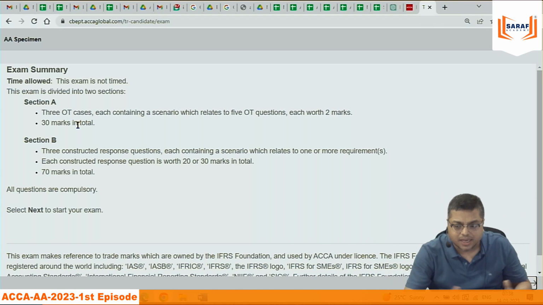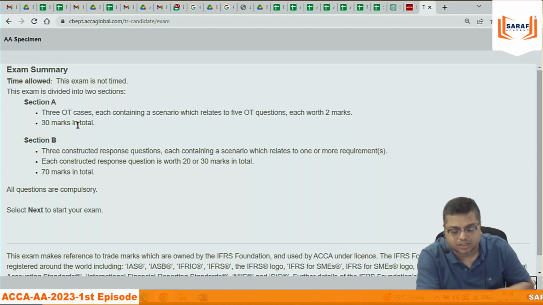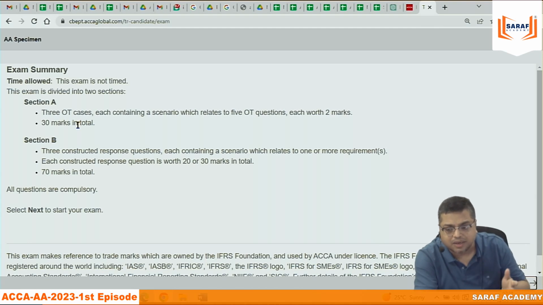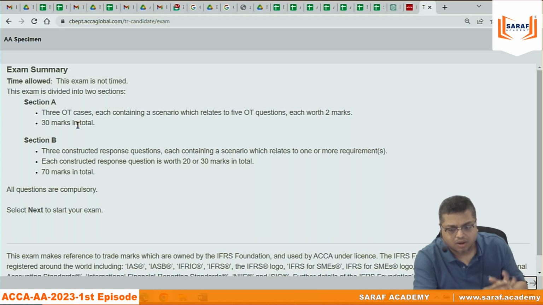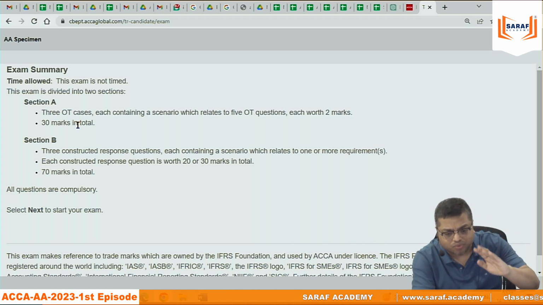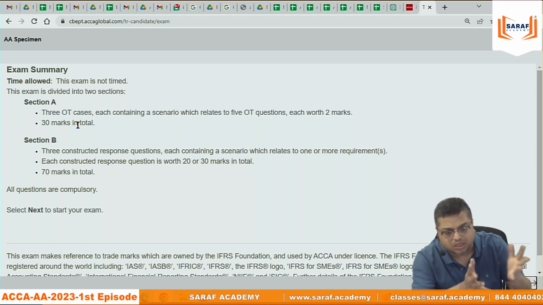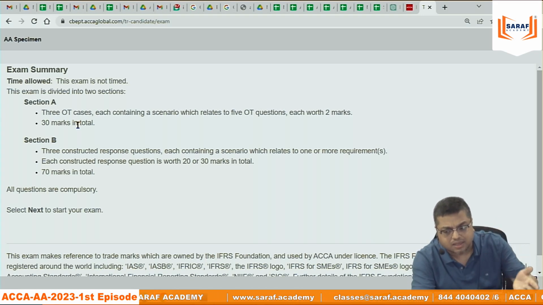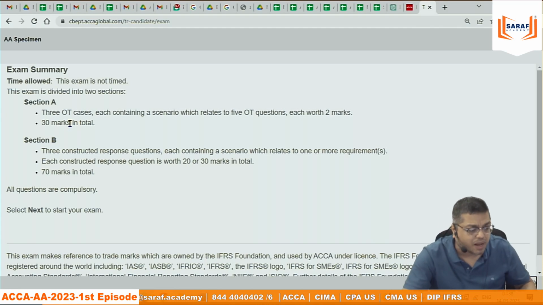Based on 1 scenario, 5 questions, whether multiple choice, match the following, or filling the blanks, 2 marks each. Again another scenario, 5 questions. Again a third scenario, 5 questions. So total 15 questions based on 3 scenarios, 15 into 2, 30 marks.